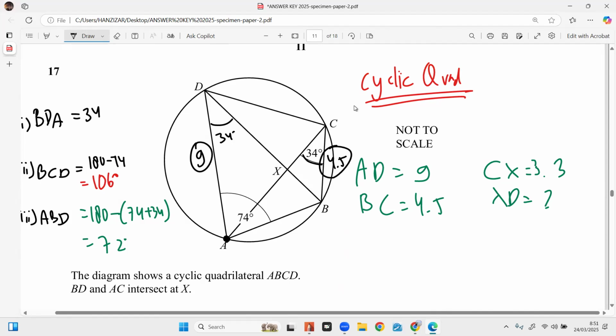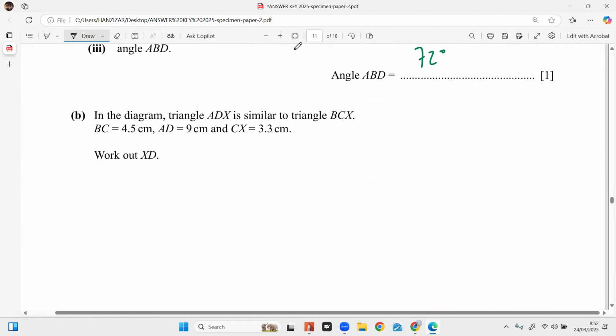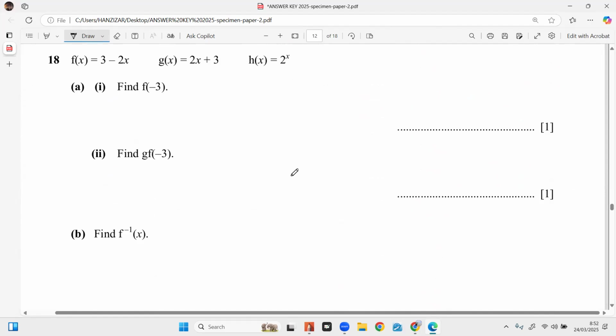If you look at the smaller triangle, the other will be twice as big. CX is 3.3. To find XD, just multiply by 2, because it's twice. 6.6. Okay, guys, that's for the harder question.